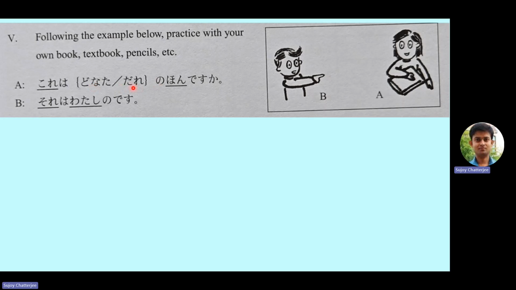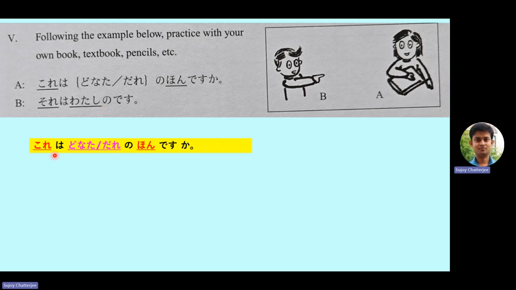Donata no and dare no means whose. Okay, because the no particle attaches the possession part, so it will be whose. これはどなたの本ですか？それは私のです。That's mine.